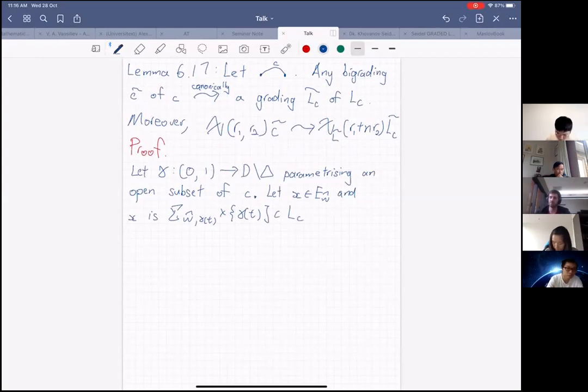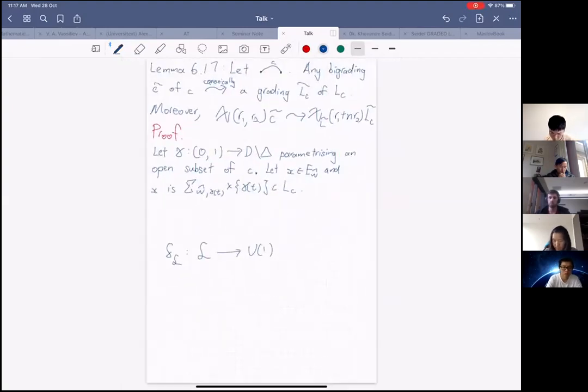So let's see, what is this map here? What we need to produce is something like this. We have this from LC into U1. Is this correct? Let me see.